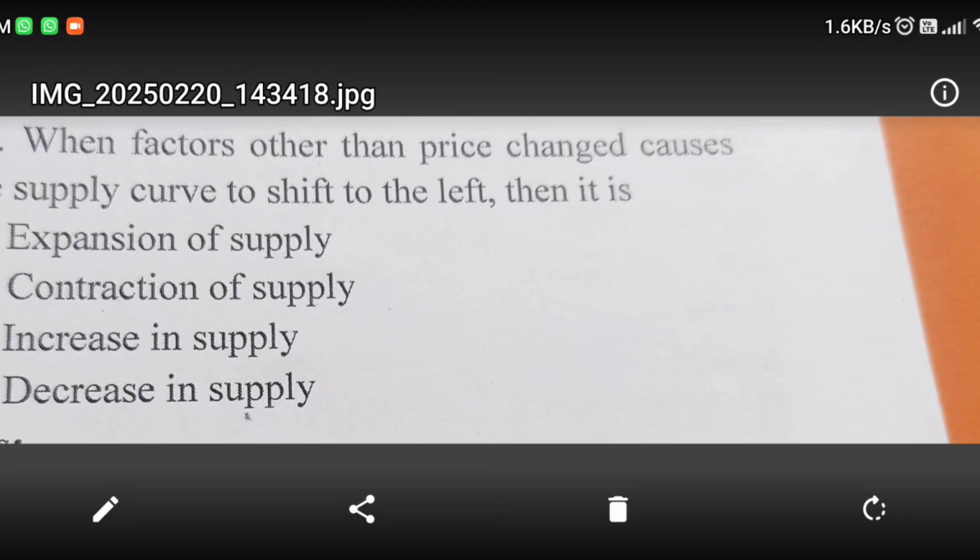This shift means that at every given price level, suppliers are willing to supply less of the good or service than before, due to factors such as increased cost of production, reduced technology efficiency, and decreased availability of inputs.